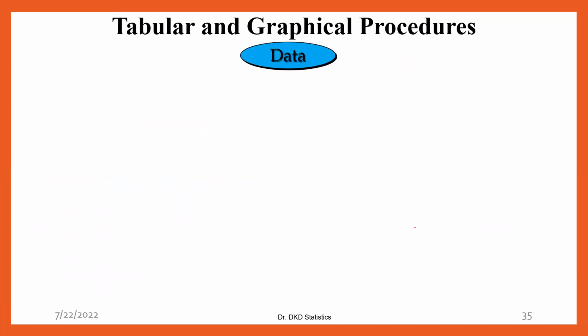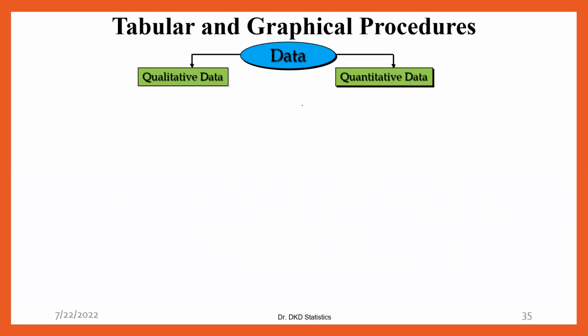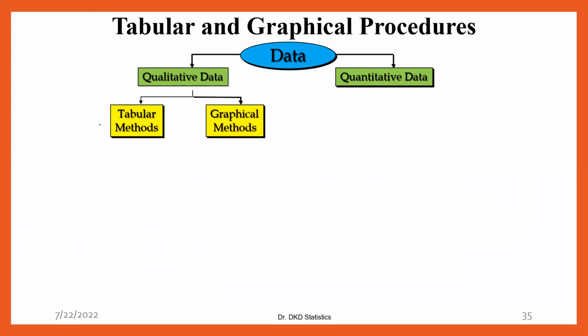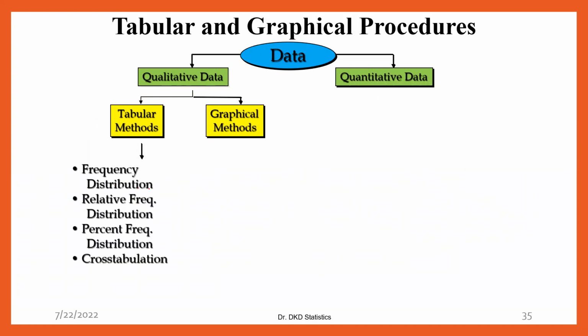One summary point we need to understand. Data is categorized into two parts, qualitative and quantitative. If we have qualitative data, we can use tabular methods and graphical methods. In tabular methods we can calculate frequency distribution, relative frequency distribution, percent frequency distribution, and cross tabulation.